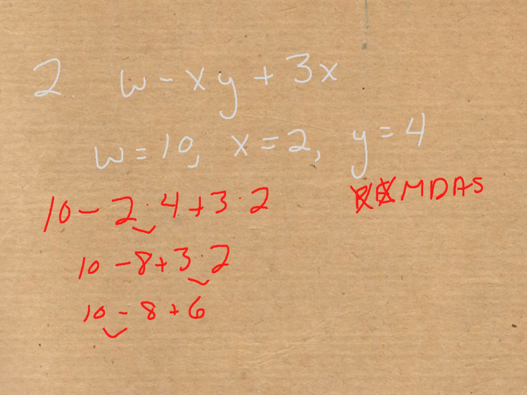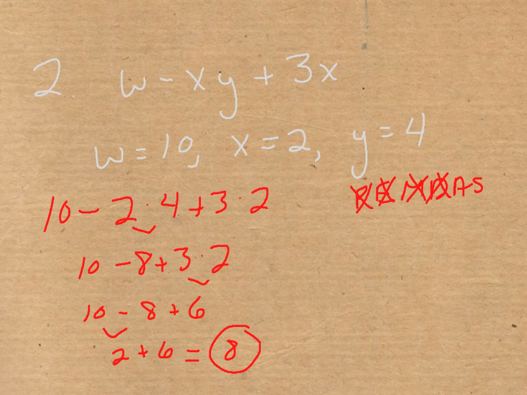So I'm going to take 10 minus 8, and I'm going to subtract those, so that's going to give me 2 plus 6. I can cross off that I'm done with my multiplication and division. 2 plus 6 then will give me a final answer of 8.